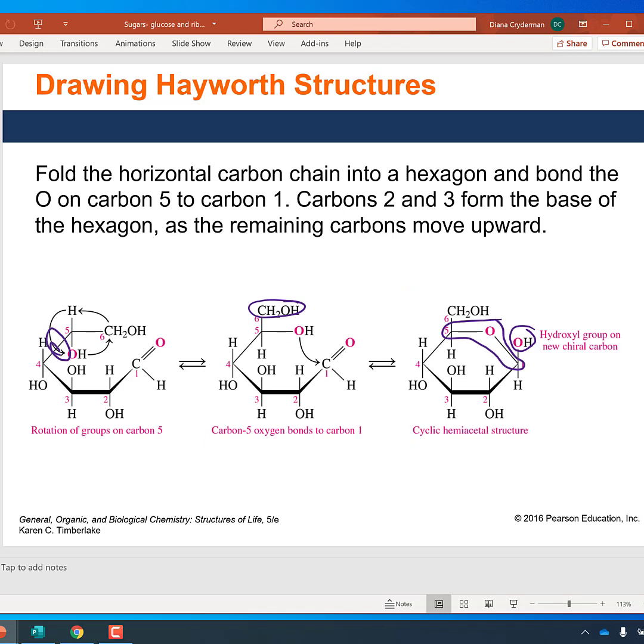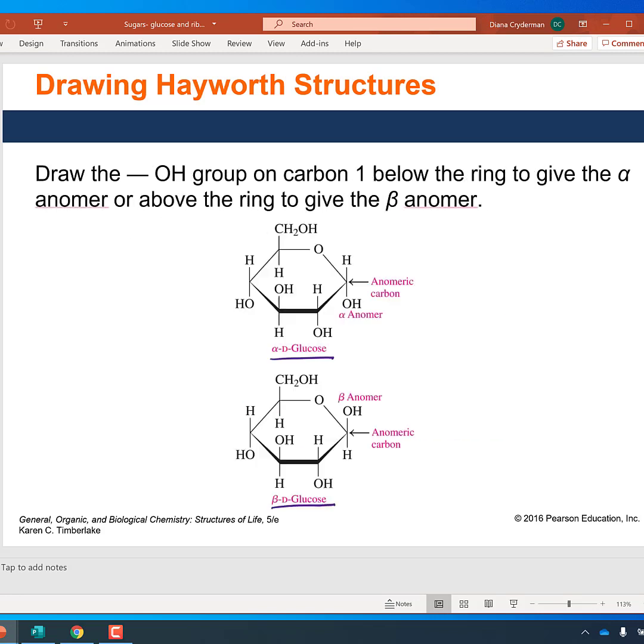So when this alcohol here is produced, remember that alcohol used to be part of the aldehyde. So when that aldehyde is reduced into an alcohol, it can pop up or it can pop down. If it goes down, it's alpha. If it goes up, it's beta.